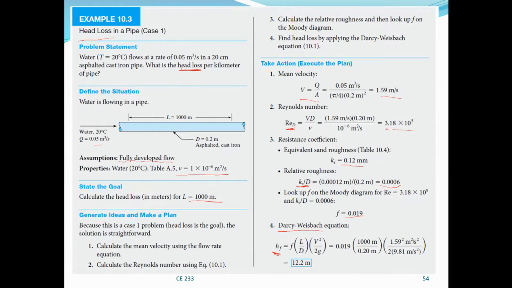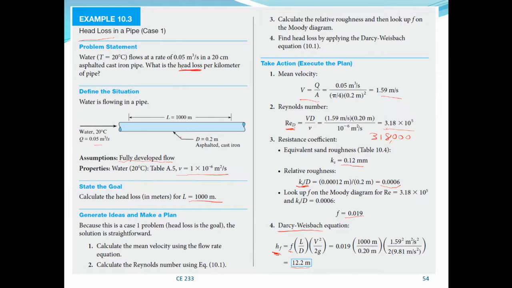The Reynolds number is 3 times 10 to the power of 5, which in full is 318,000, not even 4,000, really turbulent flow. So here we get our f and substitute to get the head loss, 12.2 meters.